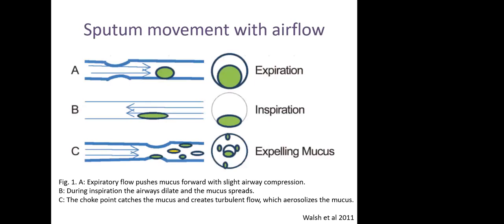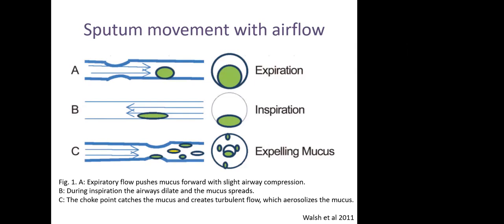This next slide is a really nice diagram from this article from Walsh in 2011, so a bit older now, but a really lovely diagram to show what happens with sputum movement with airflow and how we relate this to what we do when we're using different interventions to clear secretions.